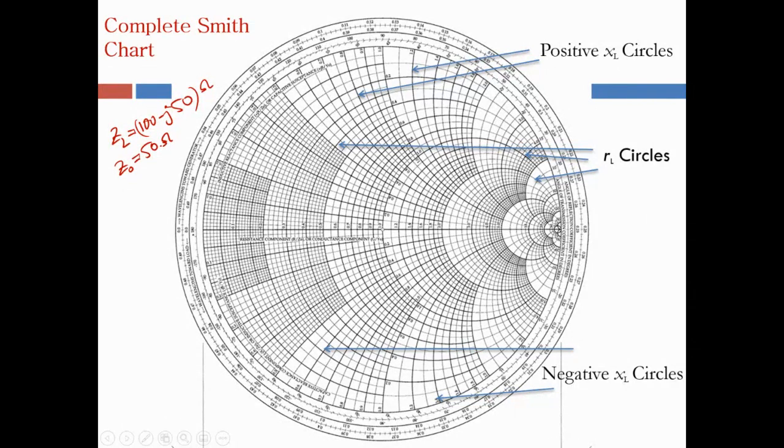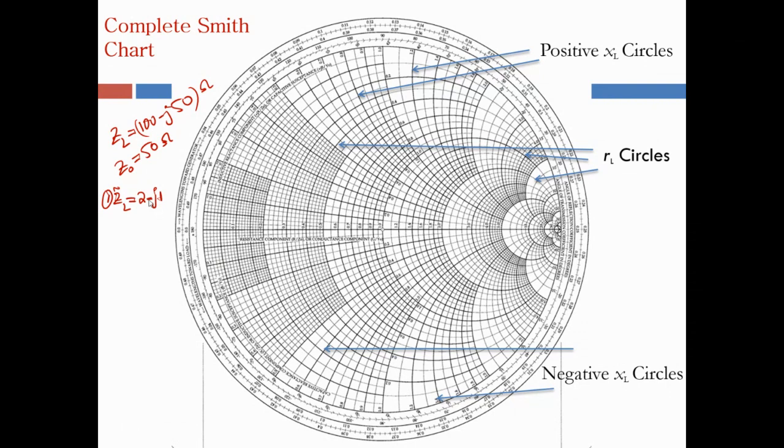Usually it is 50 or 75. The first step is you normalize the impedance. 100 divided by 50 is 2, minus 50 divided by 50 is 1, so minus j1. So Z sub L on the Smith chart is going to be the real circle of 2 and the imaginary circle of minus 1.